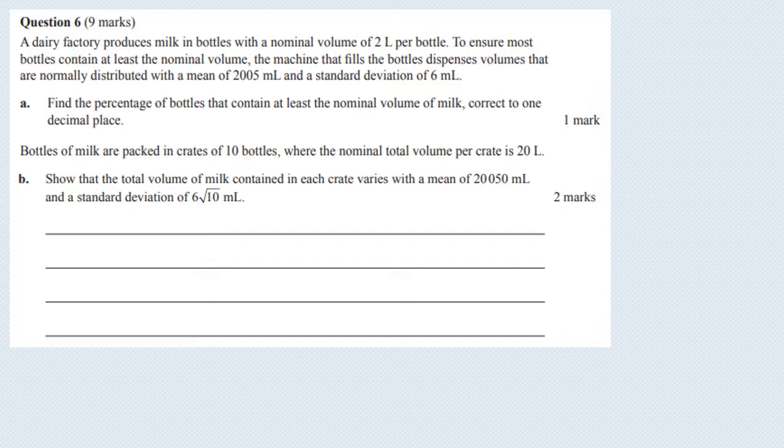It's how much they're telling people we have. So we can think of nominal value as being the named volume. The machine that fills the bottles is normally distributed with a mean of 2005 and a standard deviation of 6.